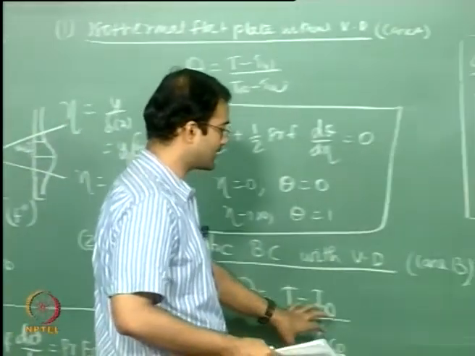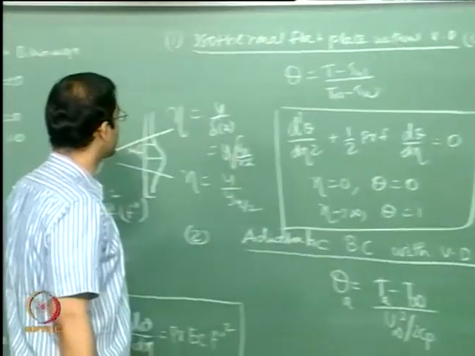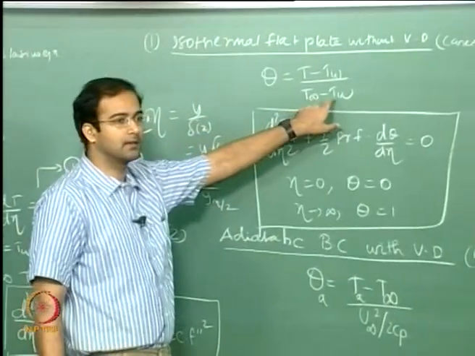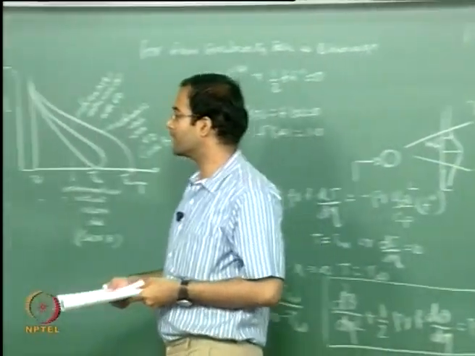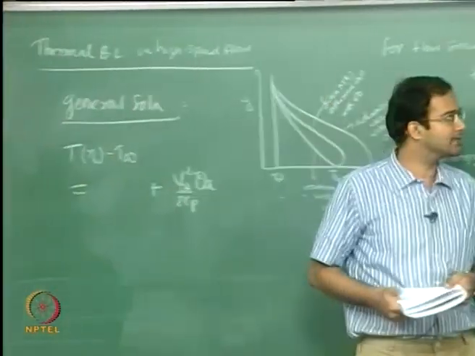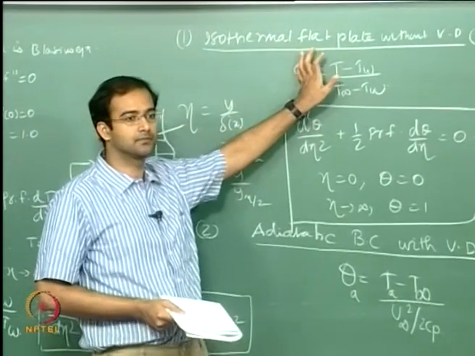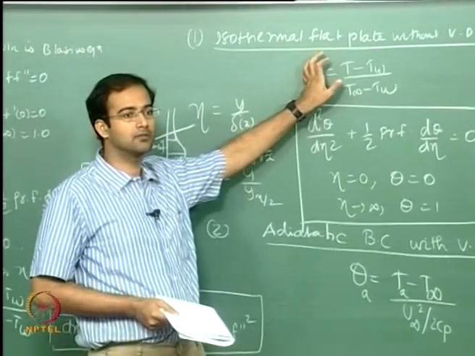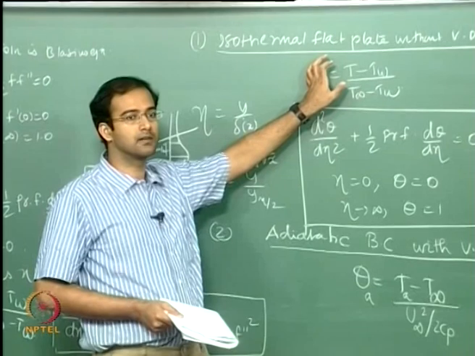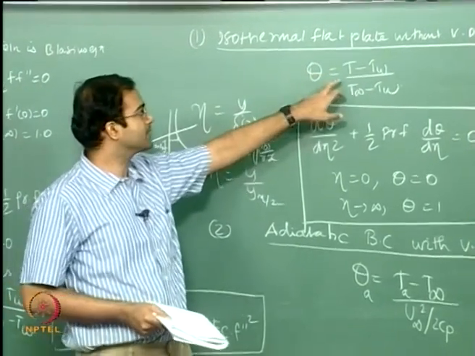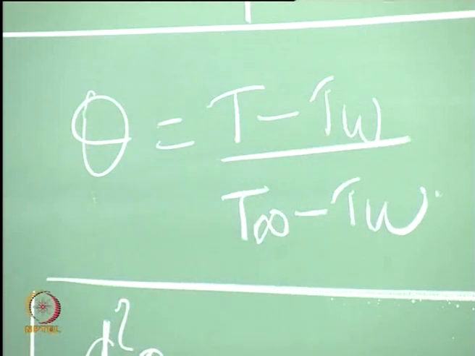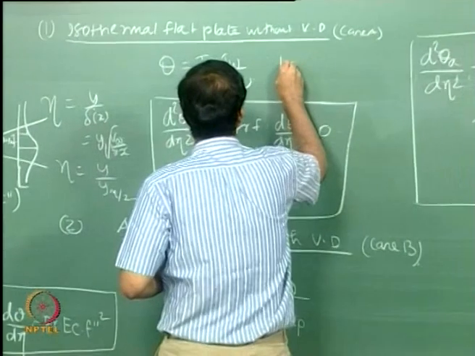So this is one solution. Now here I have defined theta as T minus T wall by T infinity minus T wall. So if I want to get to the form of T minus T infinity, then this is 1 minus theta. 1 minus theta will be what?